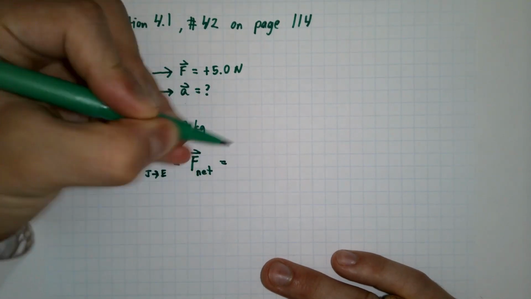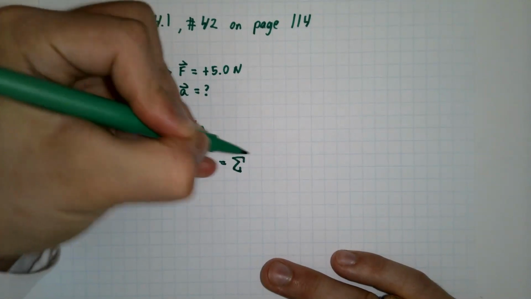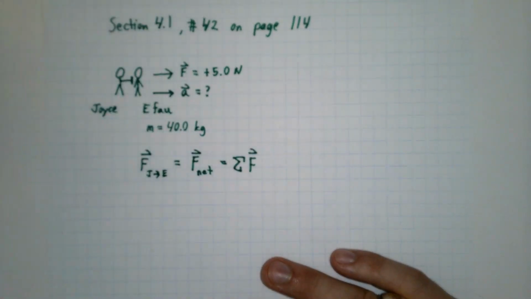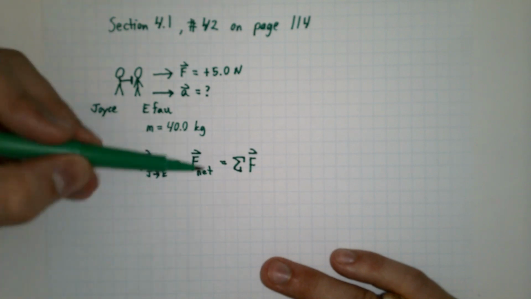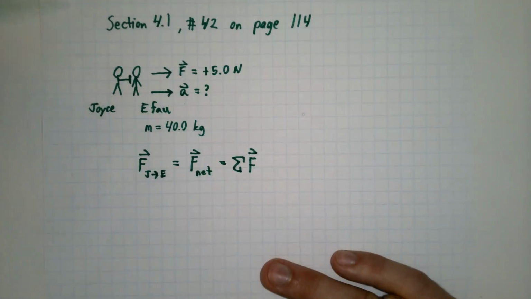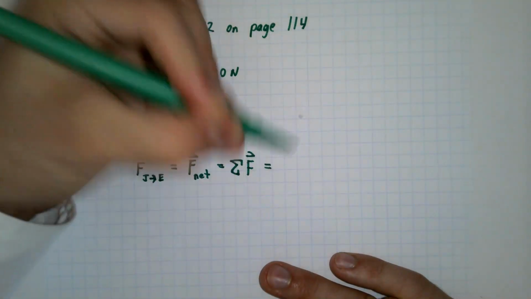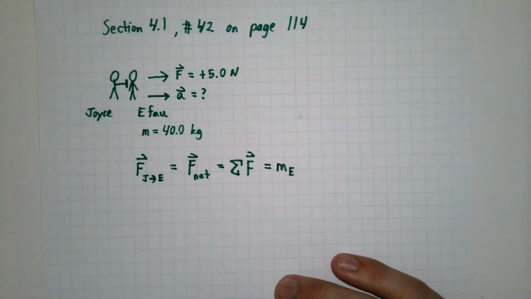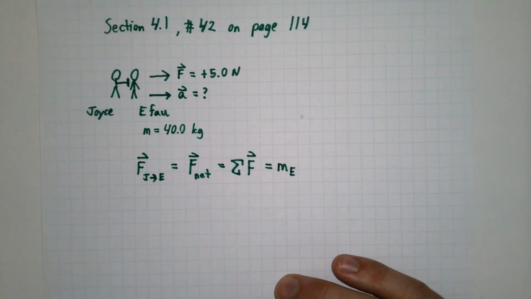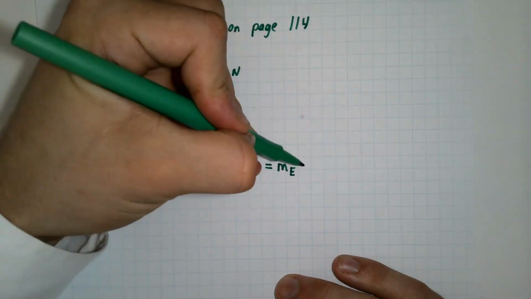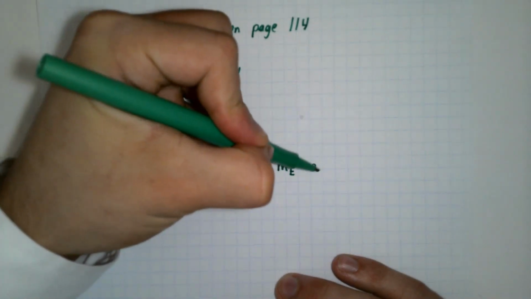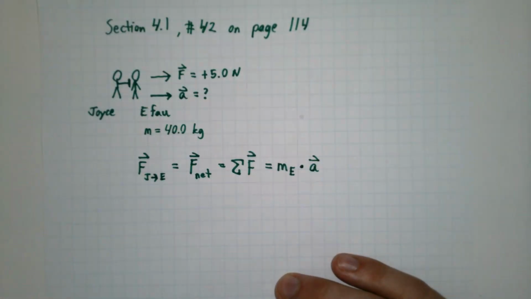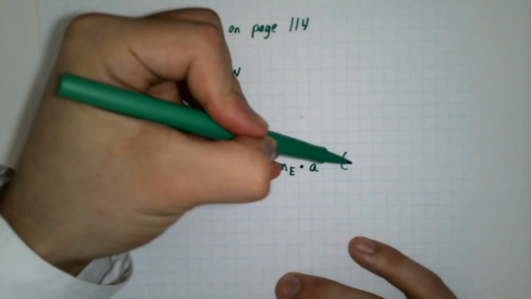If we were to look at the sum of all the forces acting on Ifao, that would be the only force. Because this is the net force, the sum of all the forces, we know that it is equal to the mass of Ifao, our object that's undergoing such a force, times the acceleration. That's Newton's second law, right?